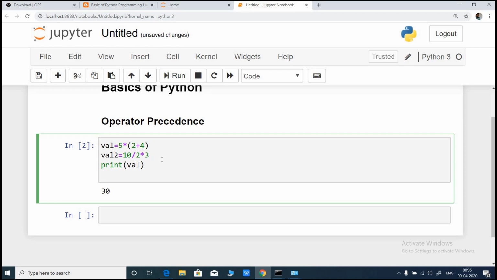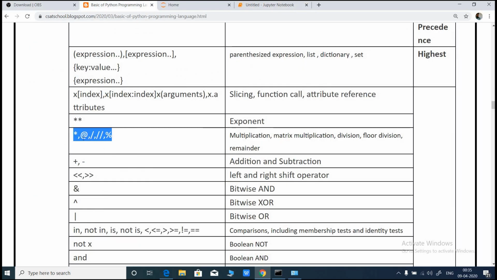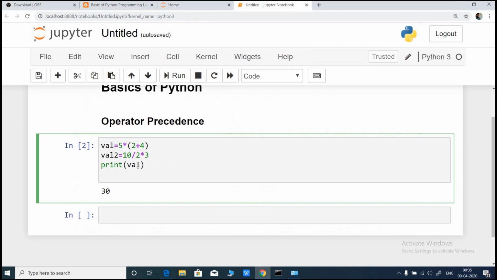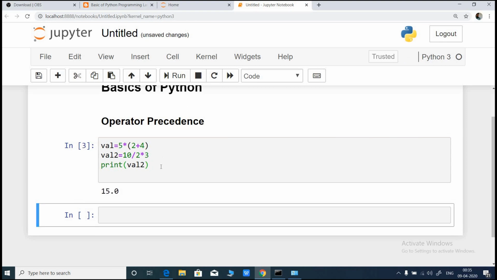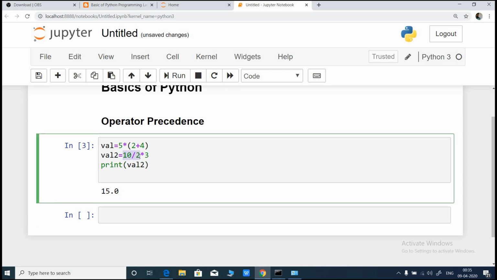10 divided by 2, times 3. Now division and multiplication are both on the same level of precedence. So when we execute, it will execute from left to right. We'll make it val2 and print it. If I execute it, it's 15.0. So why is it like that?